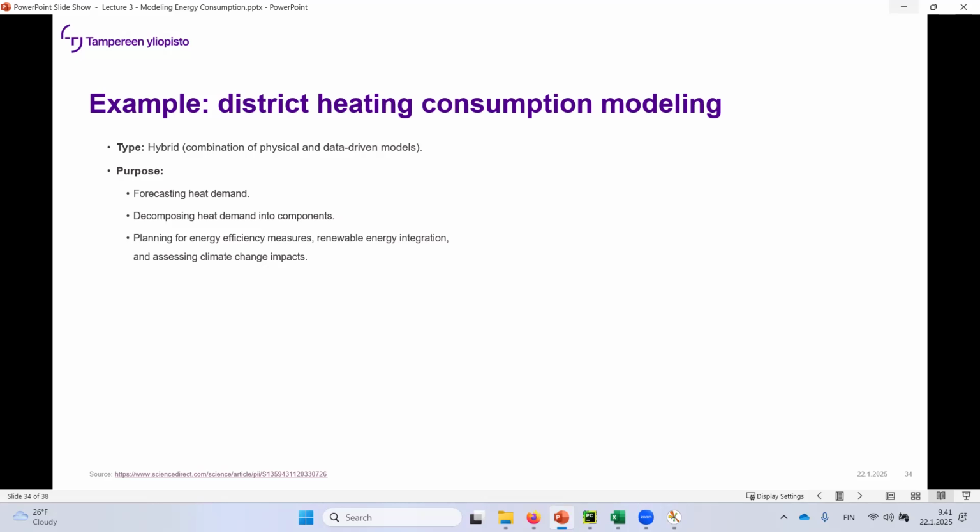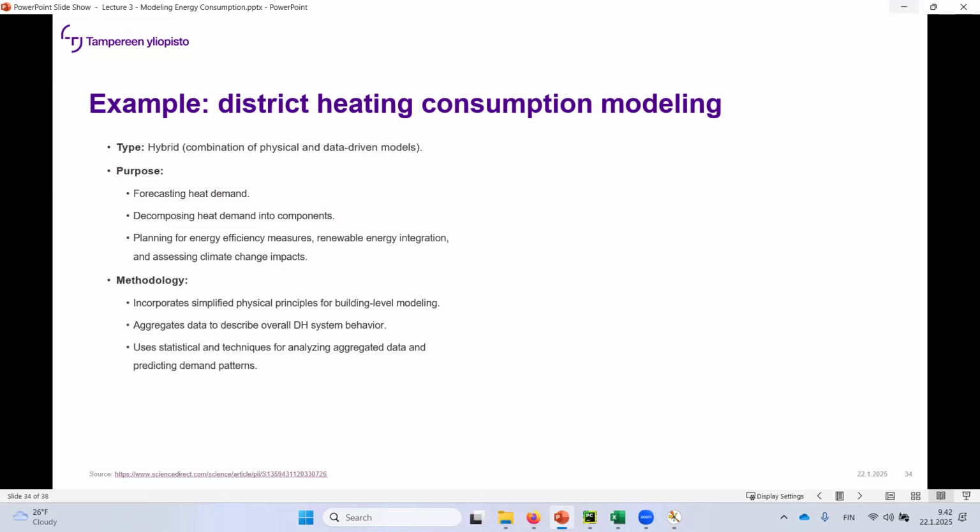Forecasting heat demand, decomposing heat demand into components, so the outside temperature based heating and hot water. Simplified physical principles for building level modeling, aggregates data to describe overall district heating system behavior and uses, well, maybe not the statistical techniques, but either way.